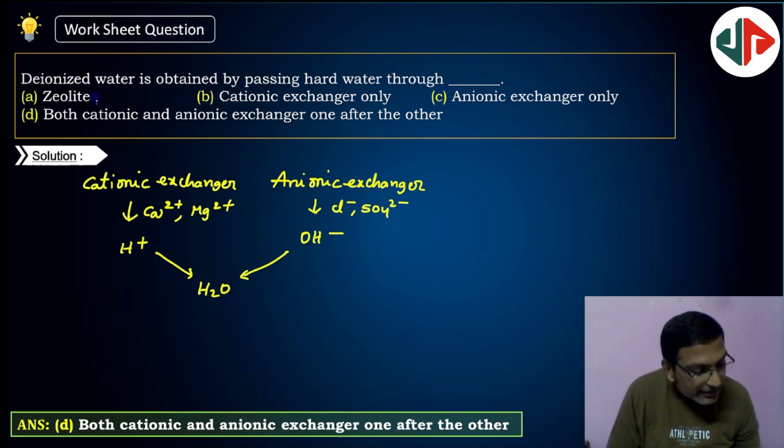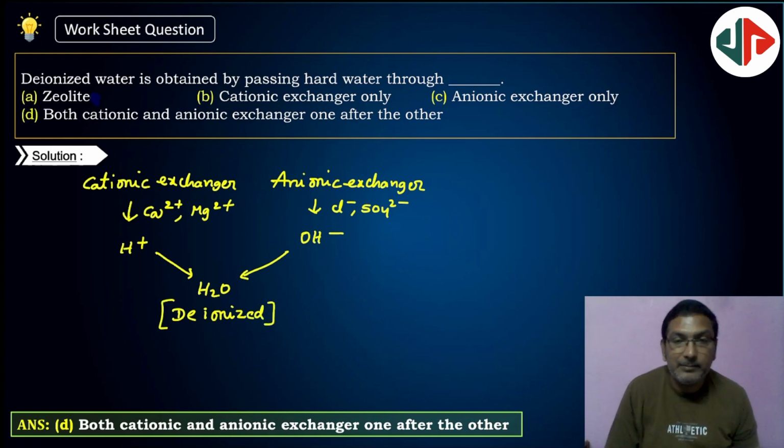See here options: deionized or demineralized water. So here no ions will be present. This water can be obtained by exchanging both cations and anions.